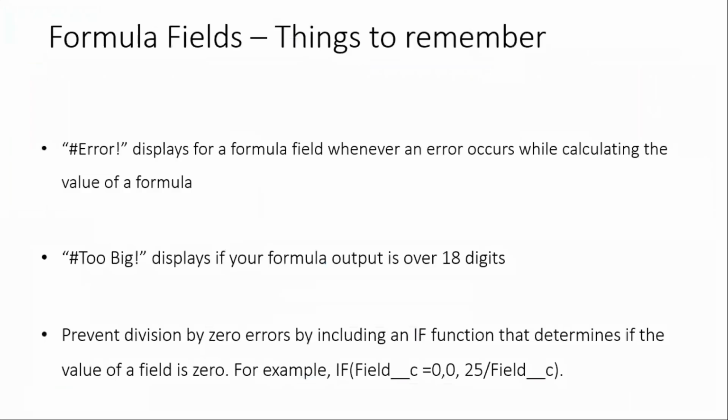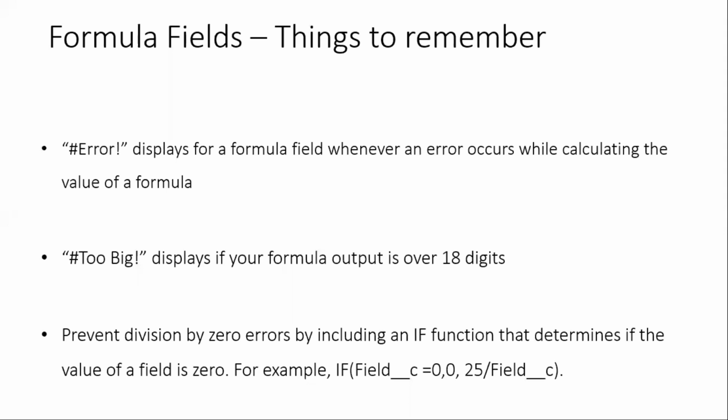There are key things to remember about formula fields. Whenever your formula returns an error, you will see the text error, which means there is some error in your formula. Sometimes you can see the text too big as output, which means your output has more than 18 digits.